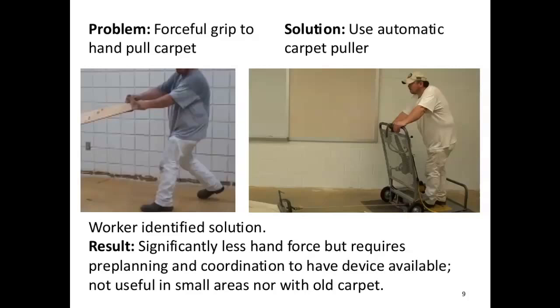This, again, was a worker-identified solution in this particular situation, and this individual was not able to use the automatic carpet puller for the activity on the left side because the carpet was old and it fell apart as he was trying to use it. So sometimes there are great solutions, but they can't be used in all situations, and we have to find alternative means that maybe are not as ideal.